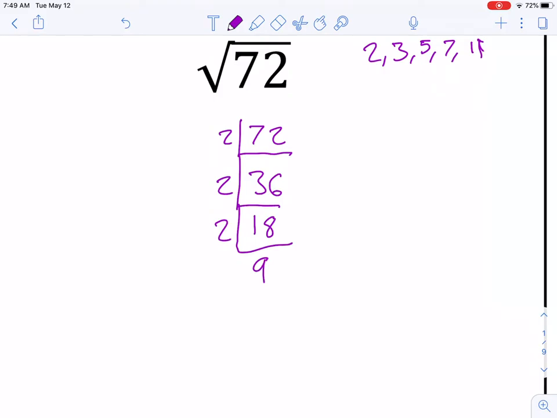It gets us 9. And then can 9 be divided by 2? If you checked it in the calculator, you would get a decimal, and you go, oh no, that didn't work evenly. So we ran out of 2's. So now let's use a 3. Can 9 be divided by 3? Yeah. And it gets us a 3 left over. And then we're saying, can 3 be broken down any further? And it cannot. It is one of our prime factors.